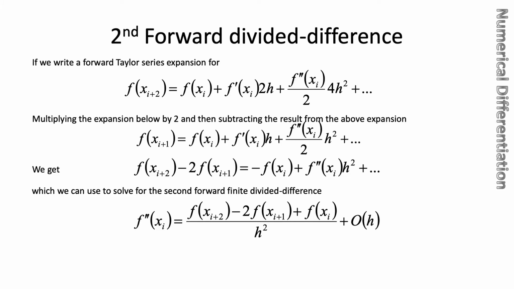If we now multiply the expression for the first forward divided difference by 2, and then subtract this from the top expression for f of x sub i plus 2, we get the following expression. Let's also move all terms in the right-hand side to the left-hand side except the second derivative term and divide everything by h squared.